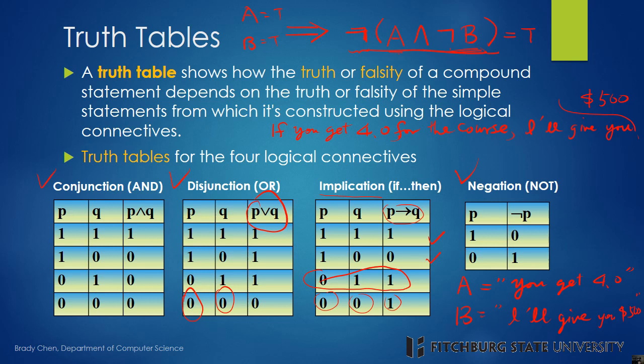Then we say if A, then B. So if you get 4.0, then I will give you $500. That's the case of A implies B, right?